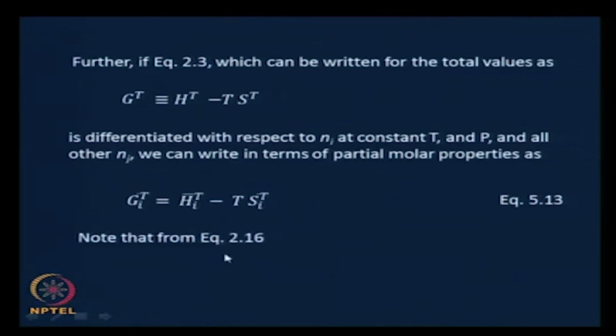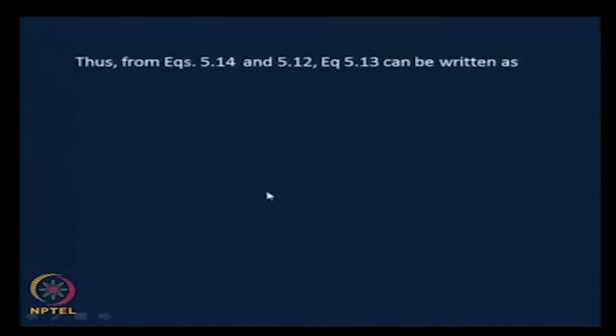From equation 2.16 we get Gi-t-hash equals μi, the partial molar property with respect to a single mole, therefore it equals μi.